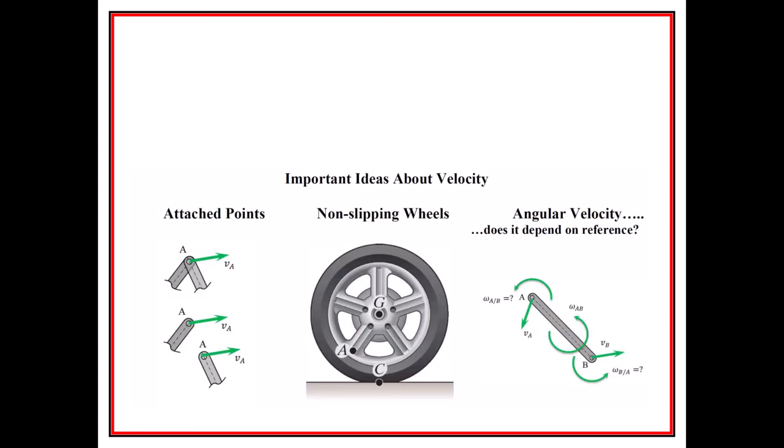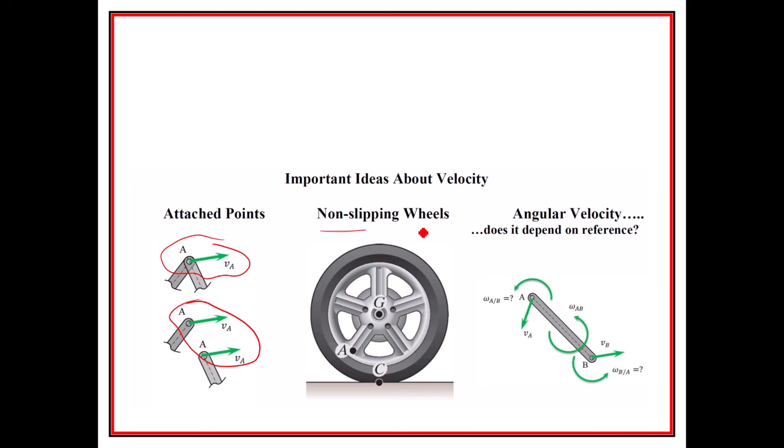Some ideas that are important to organizing or taking a look at rigid bodies with velocity: know that for things that are connected to each other, they have the same velocity. It's kind of obvious, but maybe not. It's something we need to say.